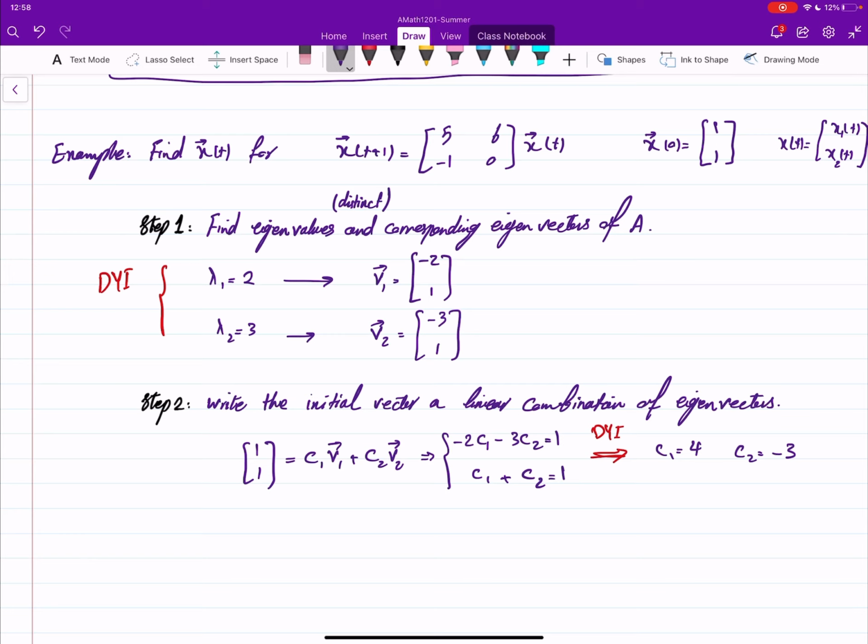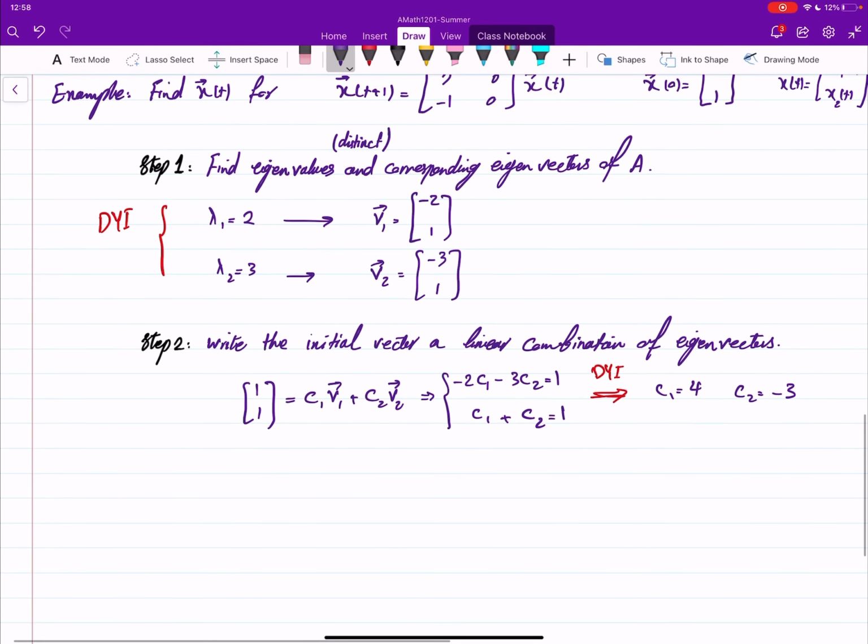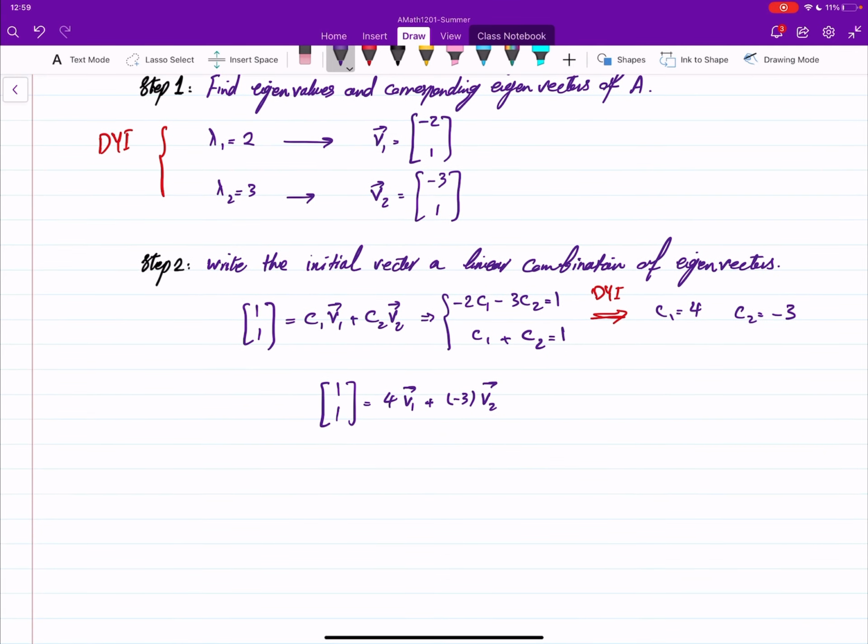So in other words, we wrote the initial condition 1 and 1 as 4 times the eigenvector for lambda equal to 2 and -3 times the eigenvector for the second eigenvalue. Okay, that's the second step. We wrote the initial vector as a linear combination of eigenvectors.